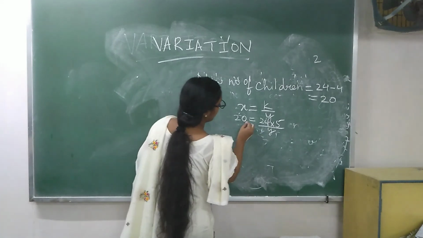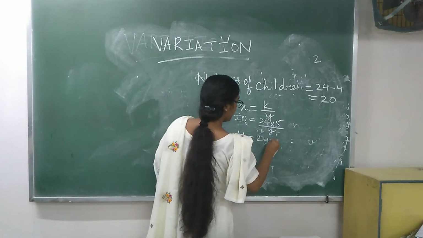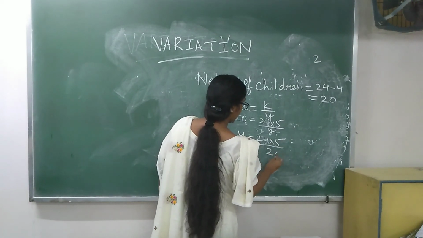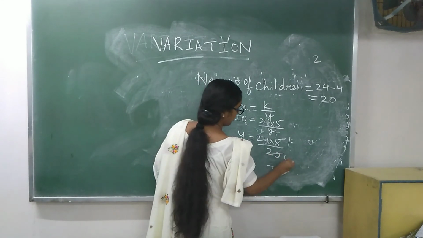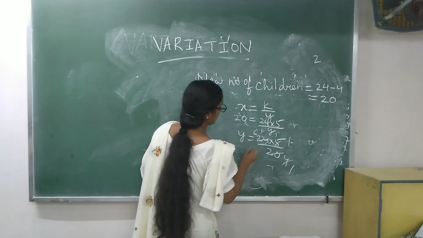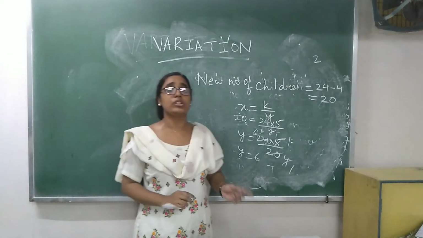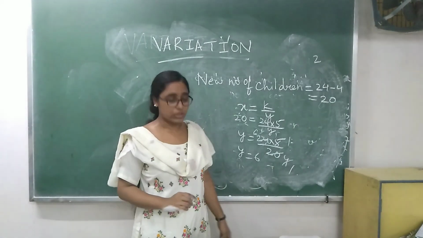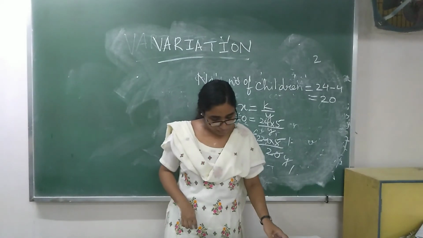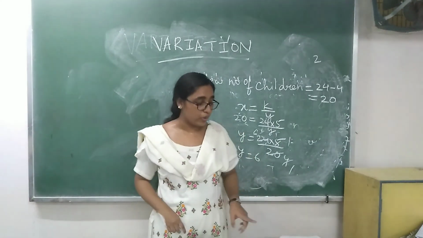Now I am taking y to this side and this 20 to this side. y equals 24 into 5 by 20. 5 1s are 5, 5 4s are 20, 4 1s are 4, 4 6s are 24. y equals 6. Means the answer is each child will get 6 sweets. Write the answer in a statement. Now question number 3 is your homework.